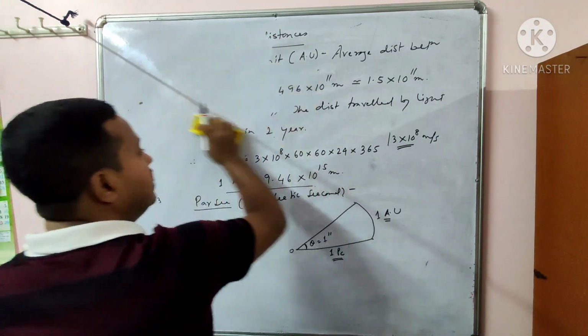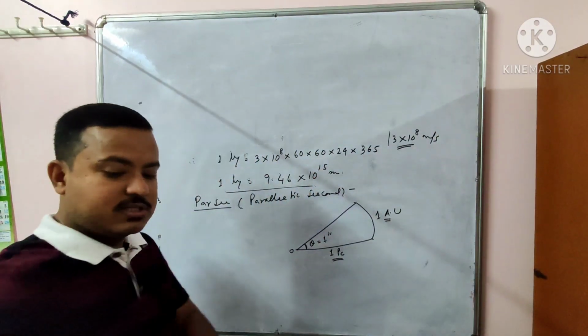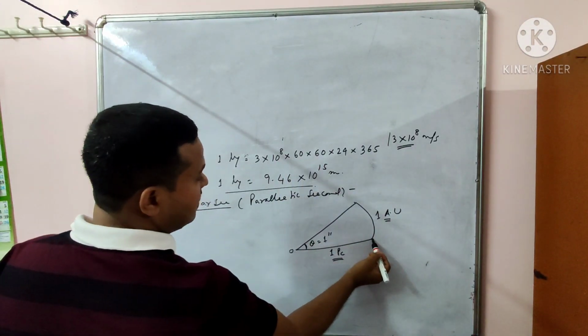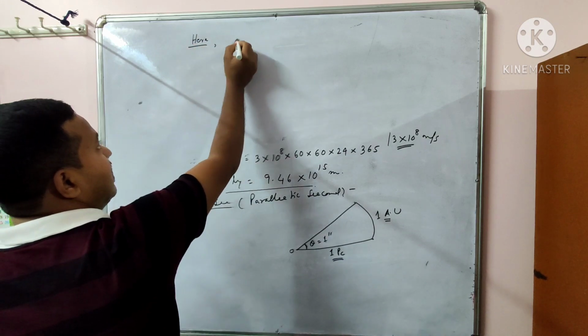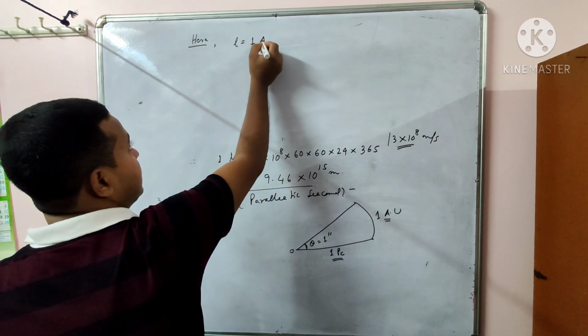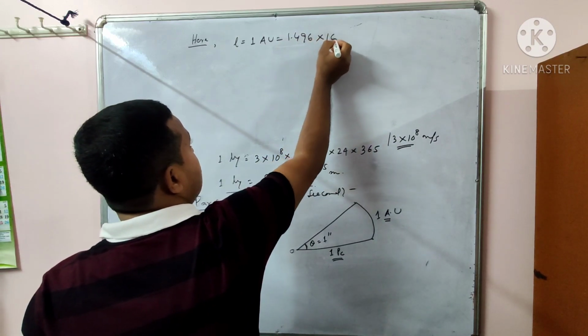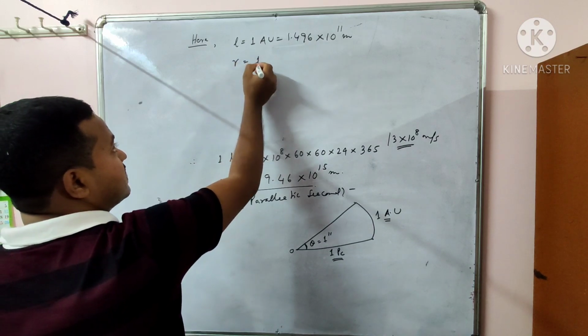Okay. Now let me find its value. To find this value, we just use the formula for plane angle. So this is the arc, this length is given, this distance is the radius, and this is the angle theta. The arc length is given as 1 astronomical unit, so 1.496 10 to the power 11 meter, and the radius is 1 parsec, which you have to find.